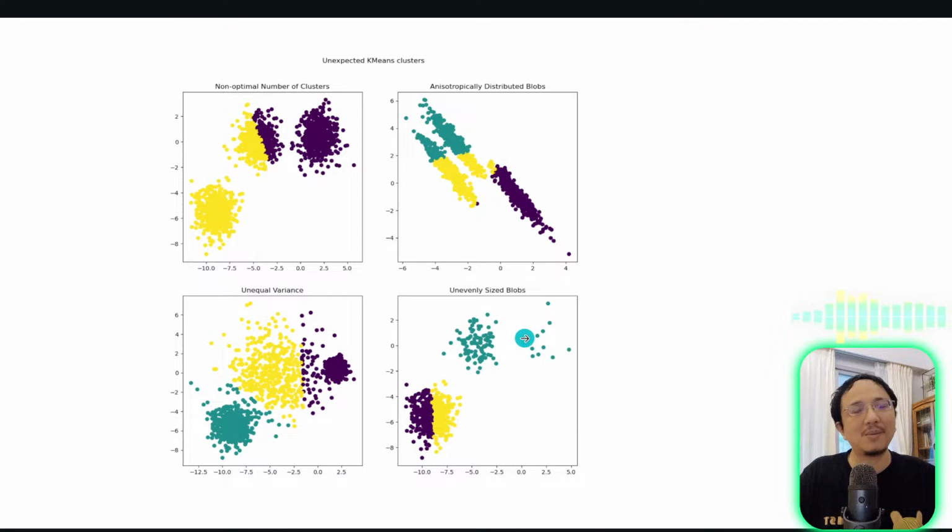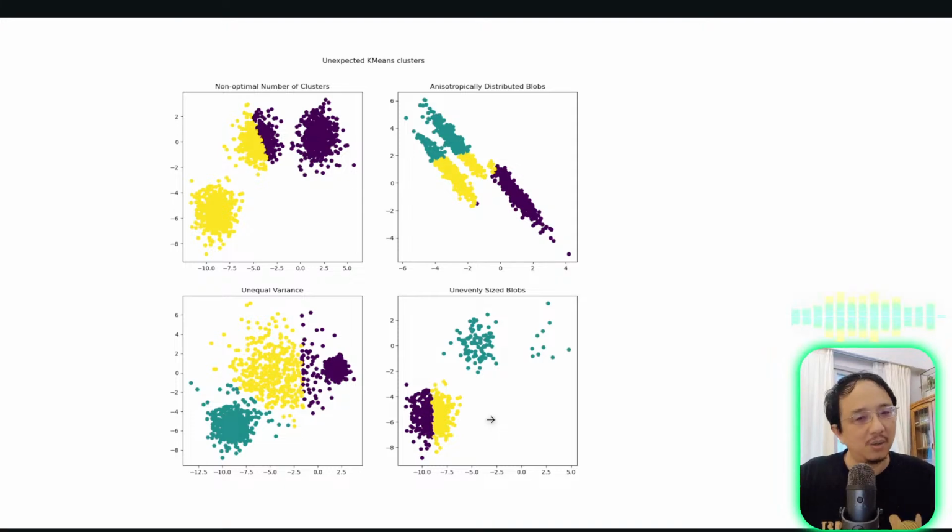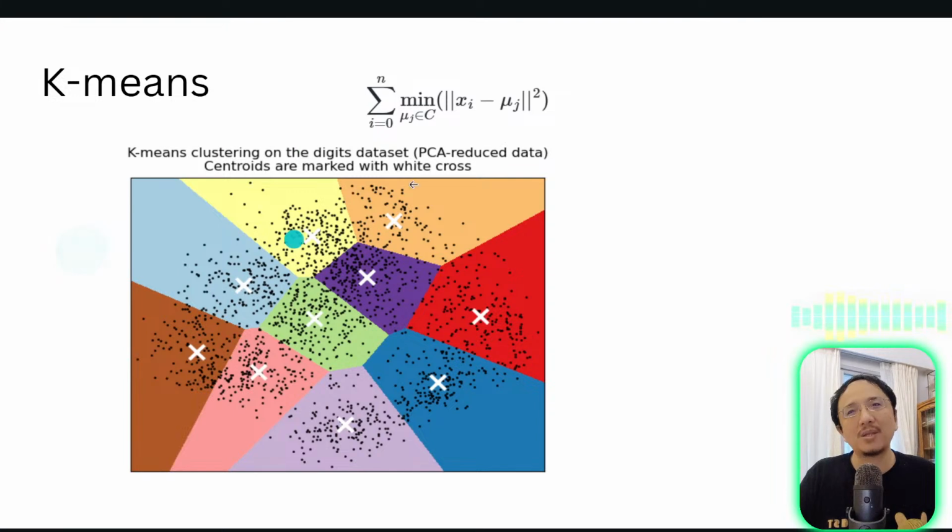So it just sacrifices the loss of this guy and tries to give more centers inside this single cluster to achieve lower loss.